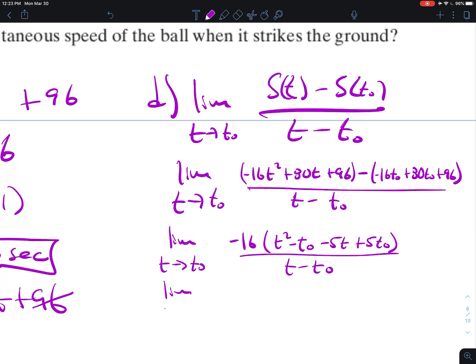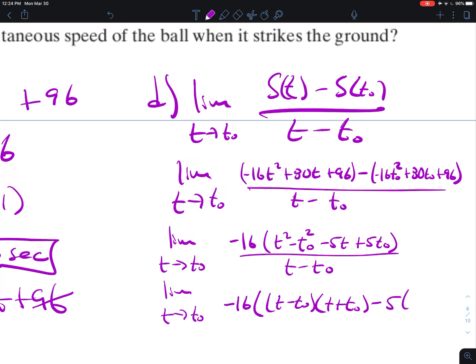And the limit as t goes to t null, and let's see, this is a t squared. I'm going to sneak that back in there for the t null. I have a difference of two squares there, so negative 16, and this is t minus t null, t plus t null, minus 5.